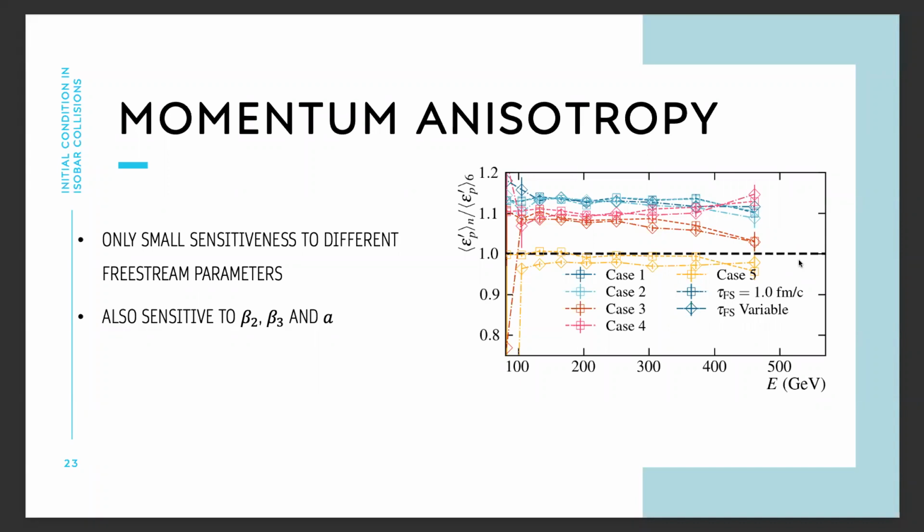And if we look at the diffusiveness case, for example, we see that it's now a bit more sensitive also to the time of the free streaming, which makes sense: as we allow the system to evolve for more time, it will gain more momentum at the cost of losing the anisotropic spatial information.